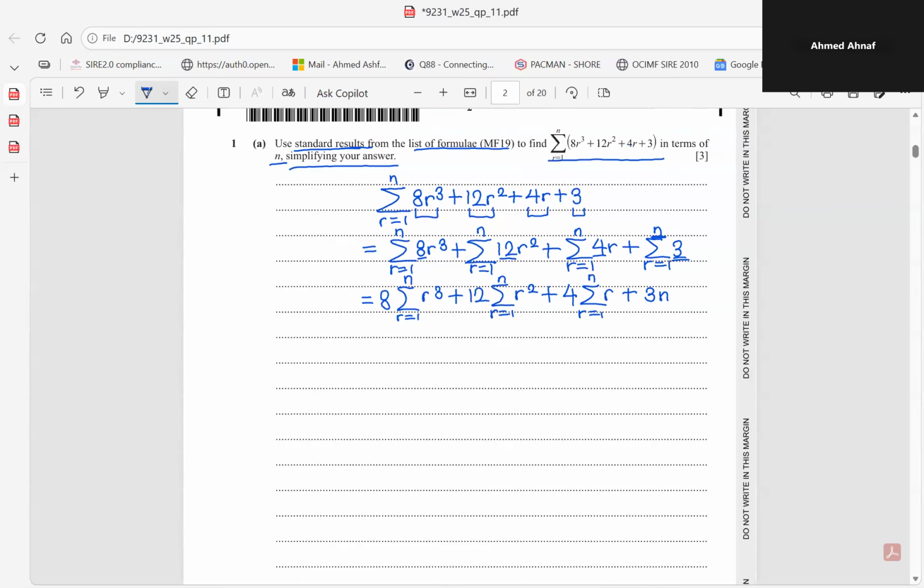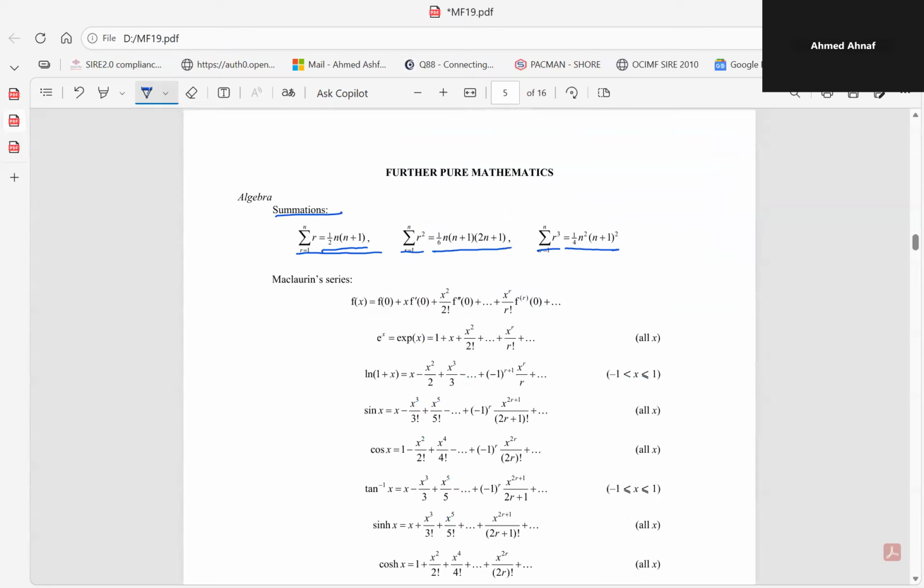Okay, so this is where we're going to directly copy down our standard results. To see your standard results, go to further pure maths and look under summations. You would have summations for r, r squared, as well as r cubed, all with r equals 1 for the lower limit and n for the upper limit.